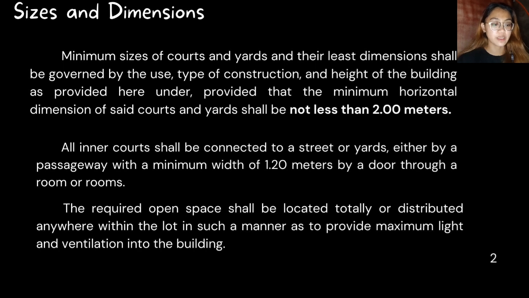be governed by the type of construction and height of the building as provided here, provided the minimum horizontal dimension of said courts and yards shall not be less than 2 meters, and all inner courts shall be connected to a street or yards, either by a passageway with a minimum width of 1.20 meters, or by a door through a room or rooms.